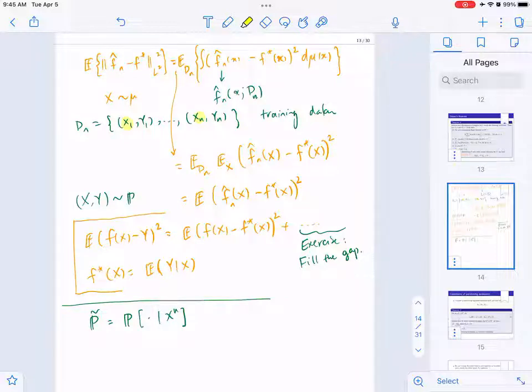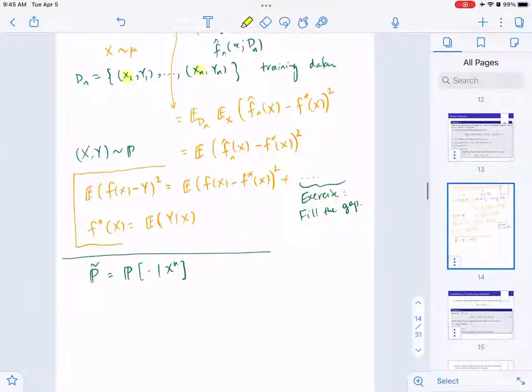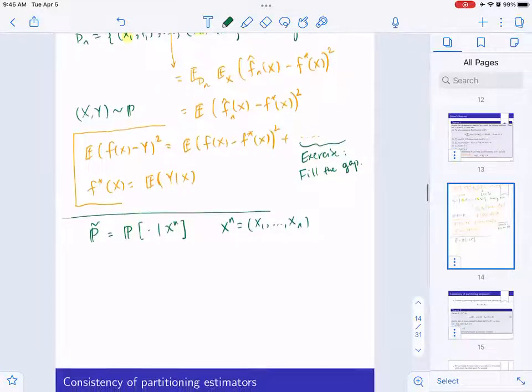X superscript n is x1 up to xn combined, so I'm writing it that way for compactness. We could avoid doing this, but just to simplify the notation, I'm going to put a tilde. So when I write tilde, it's just conditional expectation given the training x's.